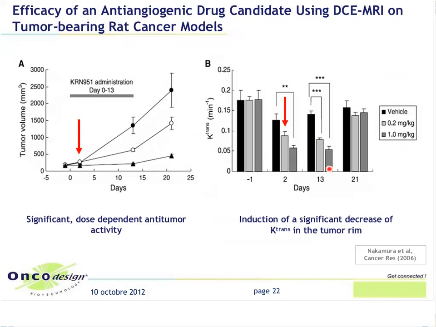Similar results were obtained at day 13. However, at this period of time, it was possible to observe a significant tumor volume decrease measured with a caliper. Using mice, this decrease of Ktrans value cannot really be appreciated.